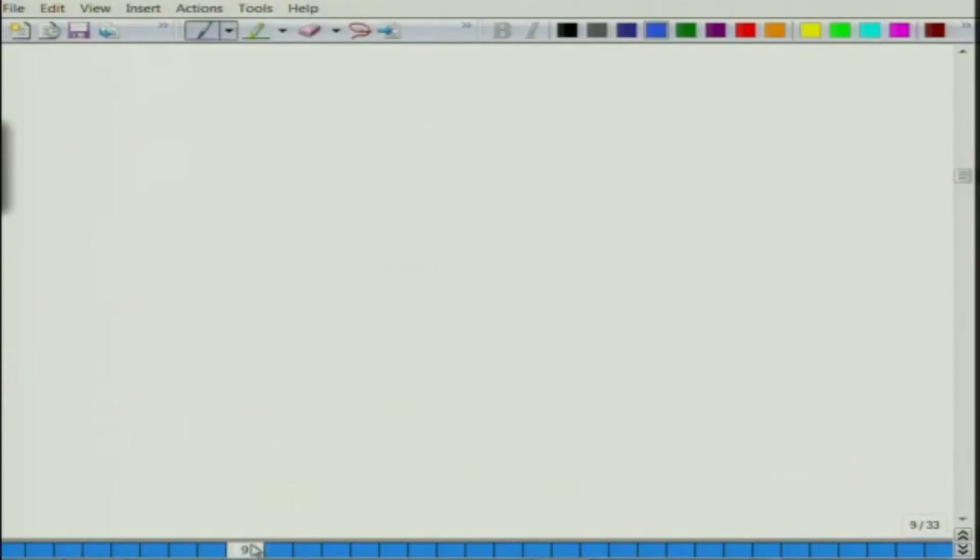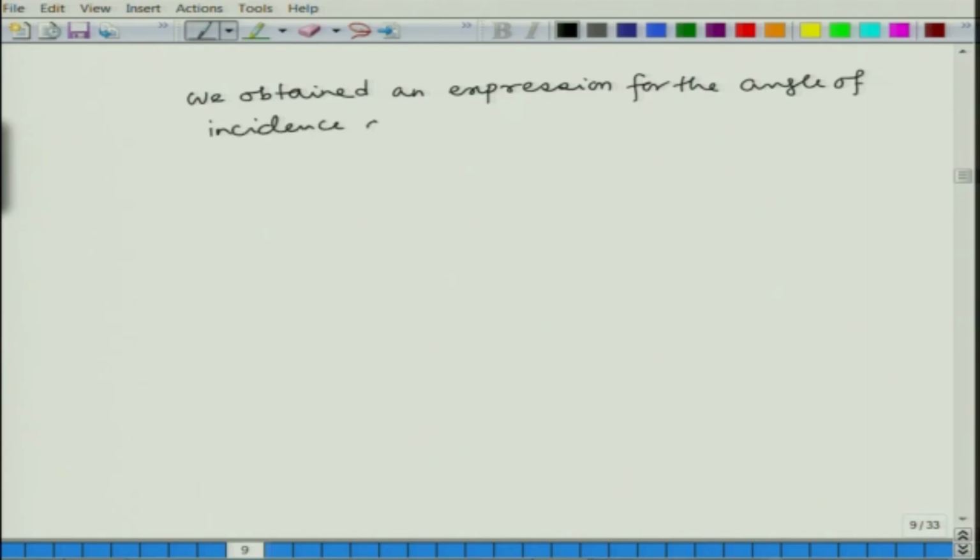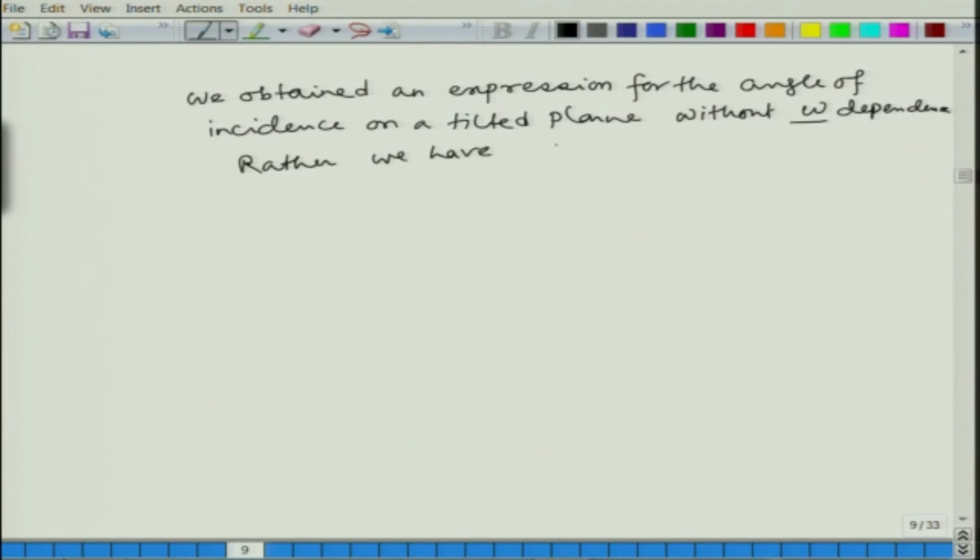Okay. So, what we can say is that we obtained an expression for the angle of incidence on a tilted plane without hour angle dependence, rather we have the azimuth angles, both solar and surface azimuth angle dependence.